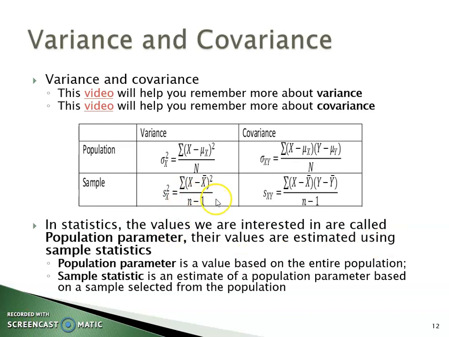You can see that the difference is whether we know the population mean or we only know the sample mean. The second difference is that this is the population size, and this is the sample size minus 1. Here is actually called the degrees of freedom.